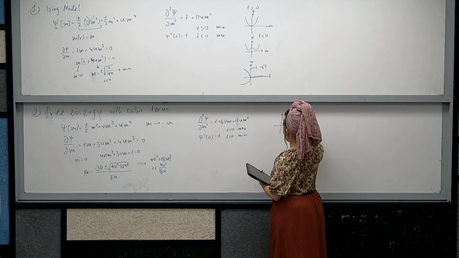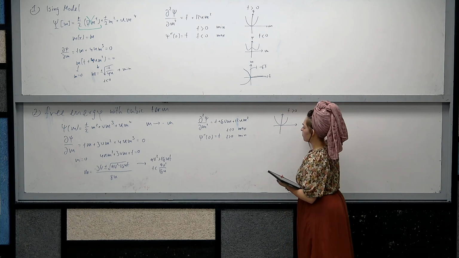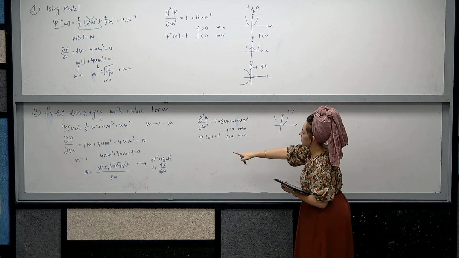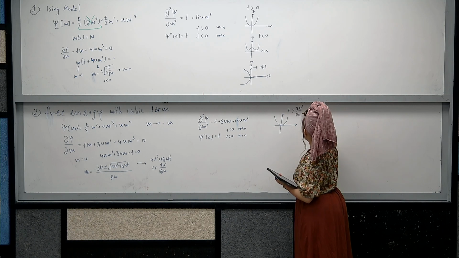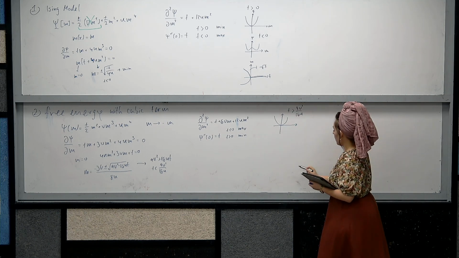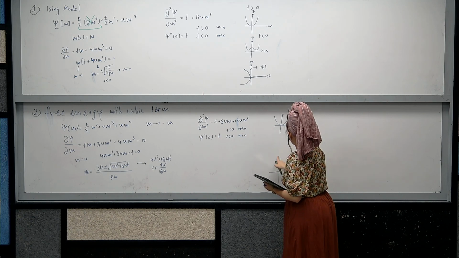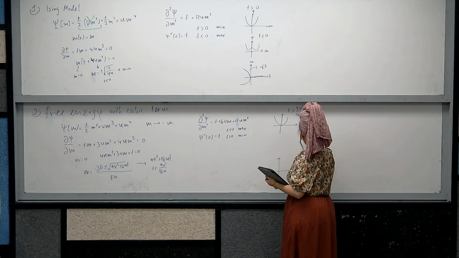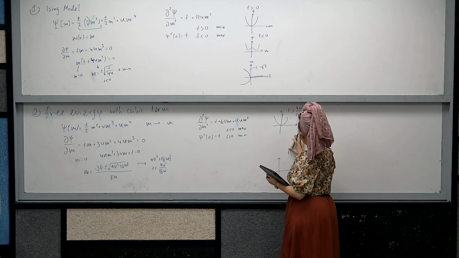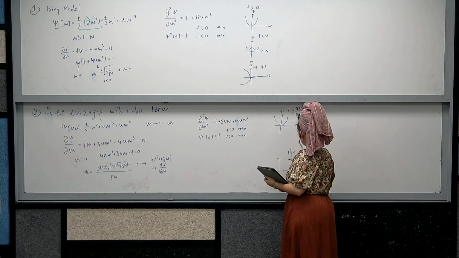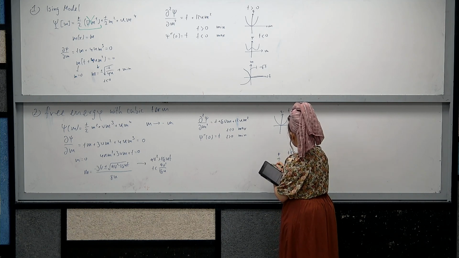So for t larger than 0, there is this minimum. You know what? This is t larger than t to the power of 2 over 16u. Okay, and we have something like this.